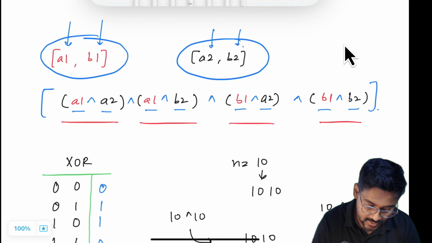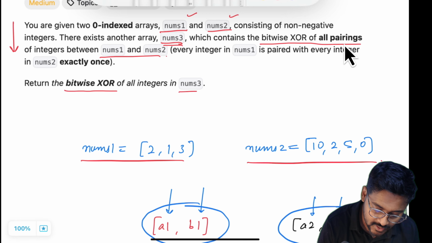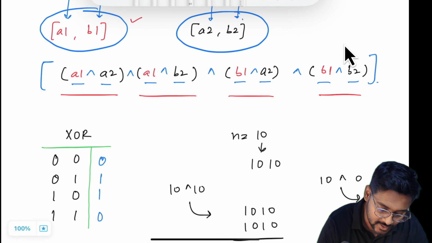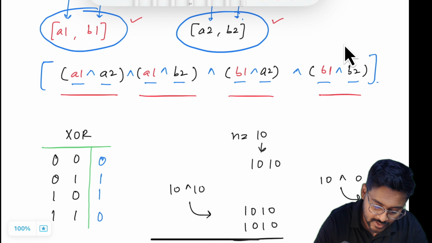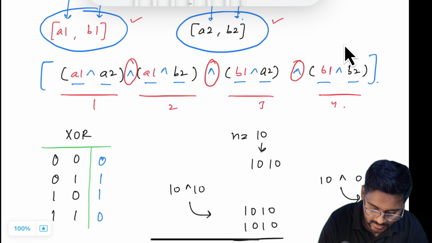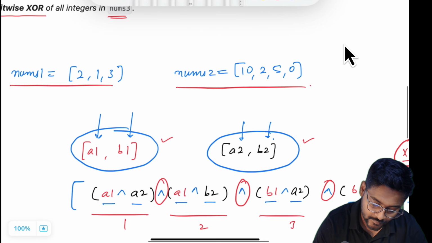And what we have to return is the bitwise XOR of all the integers in nums3. So if two elements are in nums1 and two elements are in nums2, then nums3 is going to have four elements, and we have to take the XOR of these four elements as well. In the end, return the exact XOR value that we get.